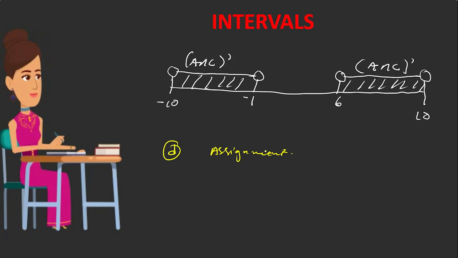Then B is equal to open negative 1 comma 5 closed, and C is equal to closed 0 comma 4.